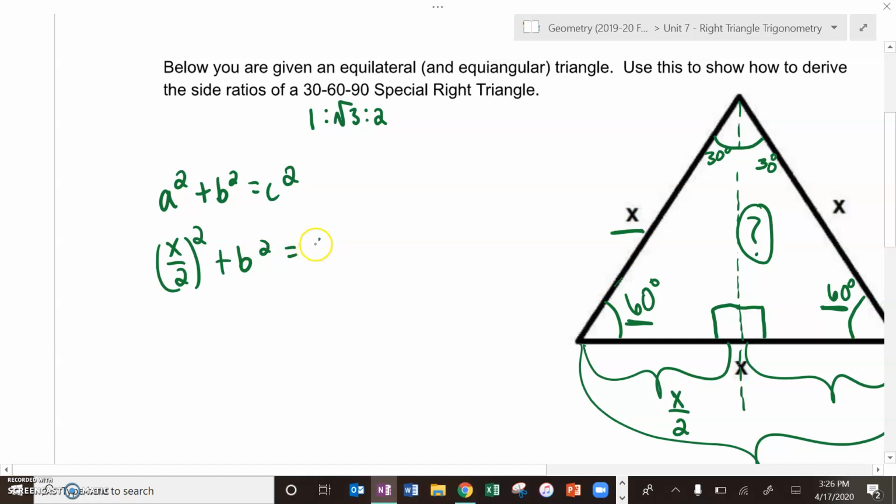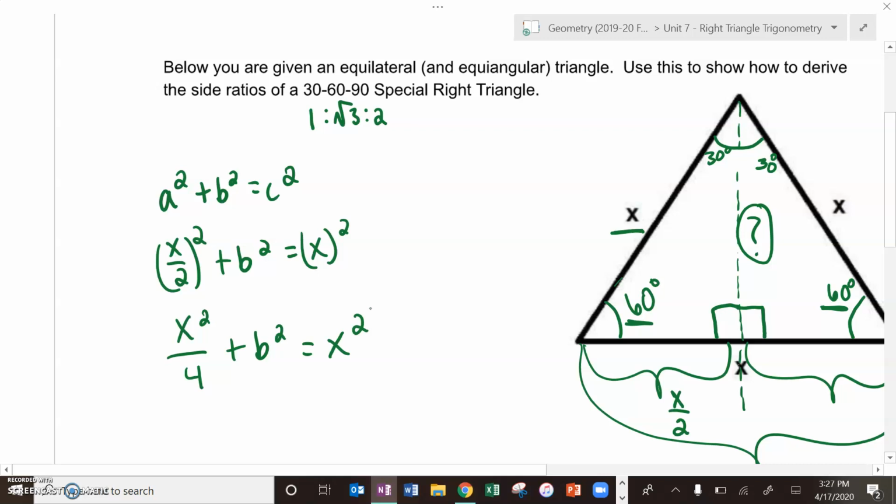So we're just going to put x in parentheses and put the squared outside of it. So now we are going to solve, and so (x over 2) squared is x squared over 4 plus b squared equals x squared.